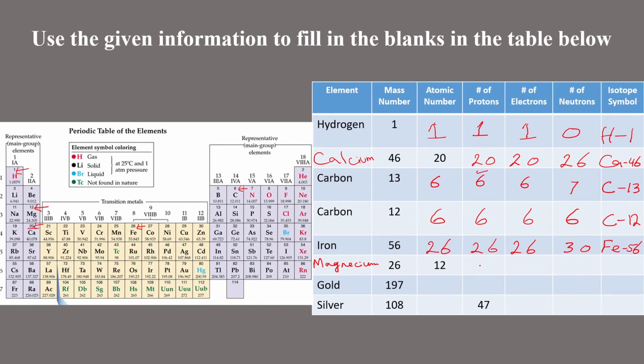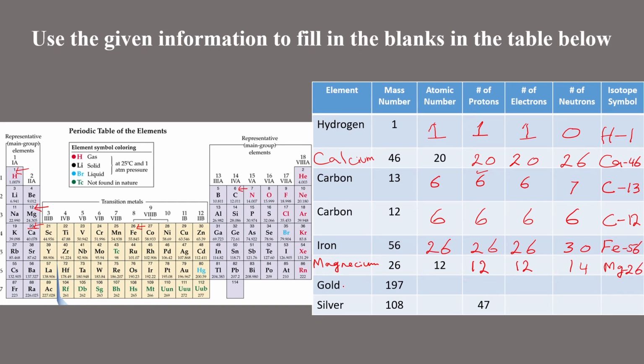Atomic number is 12. Its number of protons is going to be 12 as well. Number of electrons will be same as the number of protons because it is neutral. For number of neutrons, you will subtract 12 out of 26 and you have 14 neutrons, and the symbol will be magnesium 26.